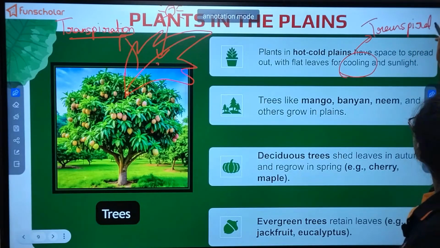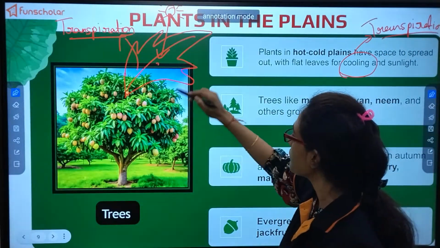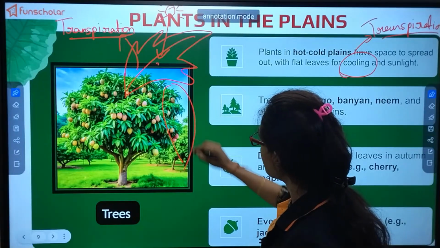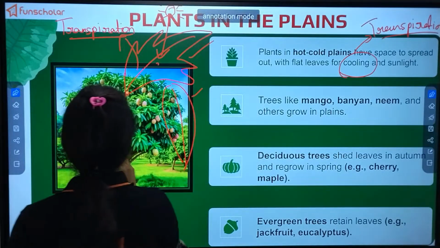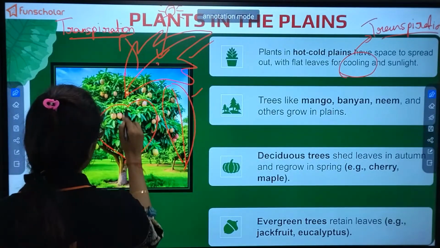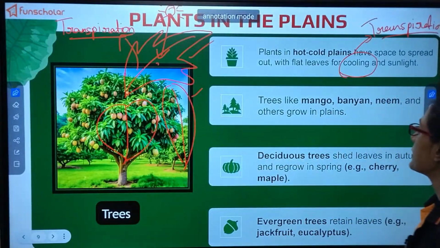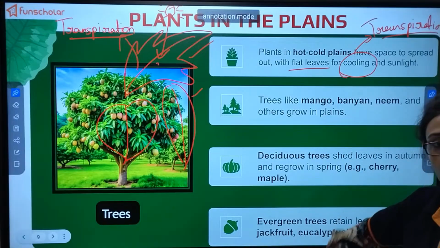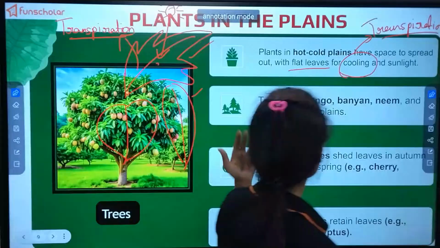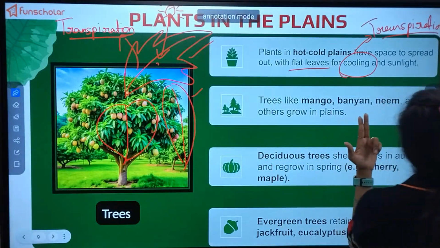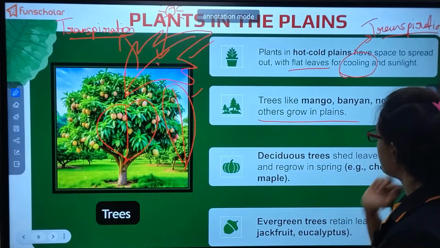Just now I have told you about that. They have flat and broad leaves, maybe this type, maybe this type, maybe this type. The types are different but the thing is the same. So they have flat leaves for both photosynthesis and transpiration. Trees like mango, banyan, neem and other plants grow in plains.